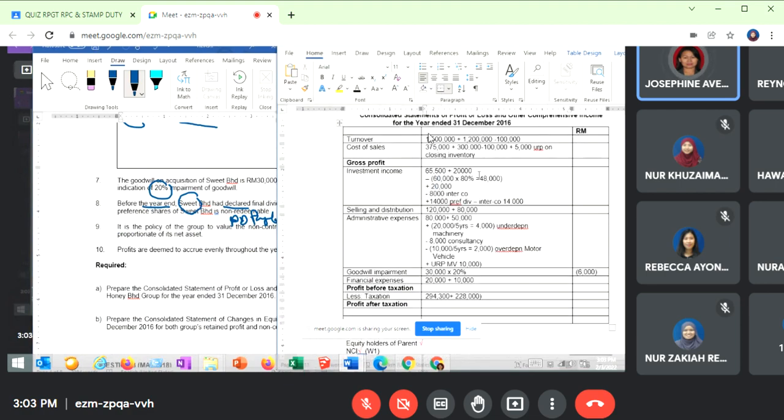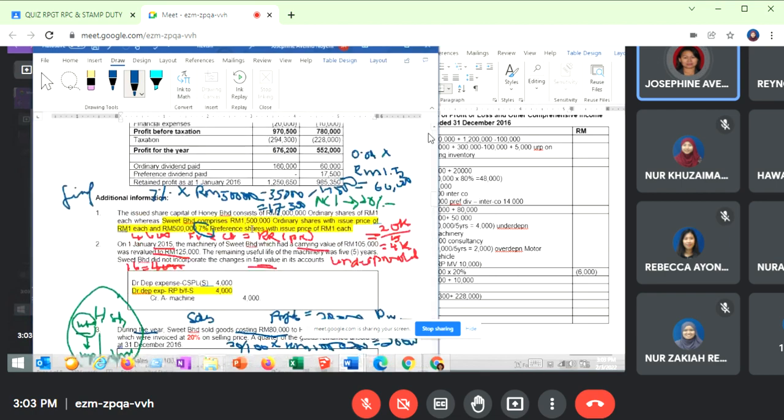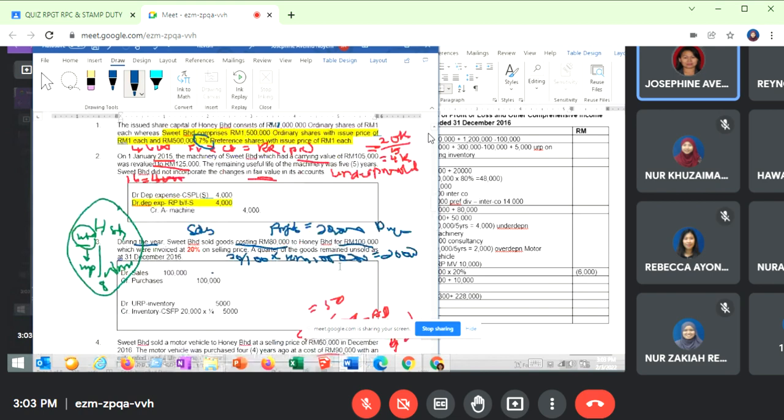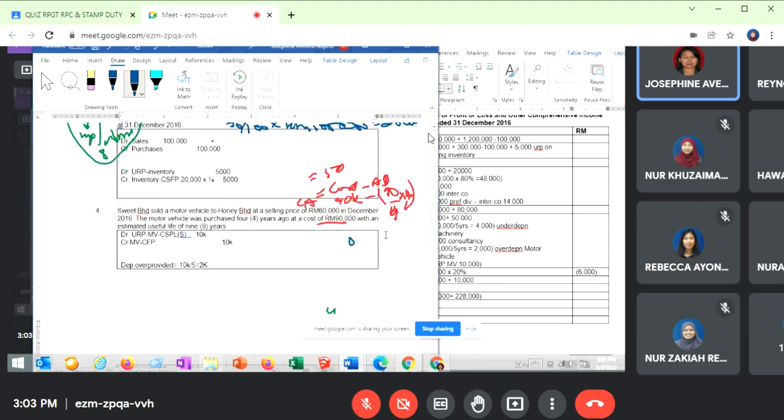So you have already filled in all the information. This 20,000, what is this 20,000? Oh yeah, the 20,000 now represents the profit from the sale of... what is this 20,000?